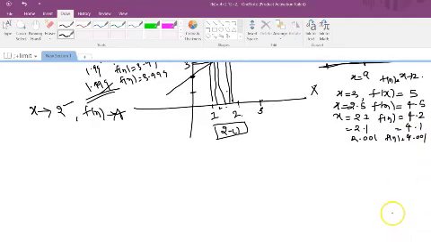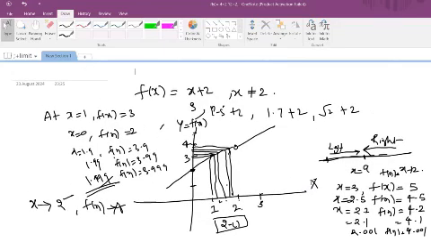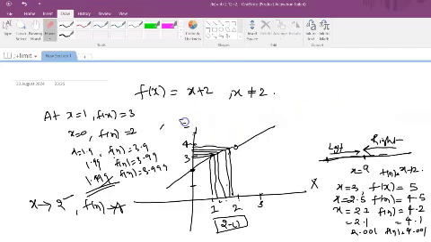Now let's see it on the graph also. Let's erase these things so that the graph is clear. Okay. So when you are at x is equal to 3, your function is 5. When you are at 2.5, your function is 4.5.